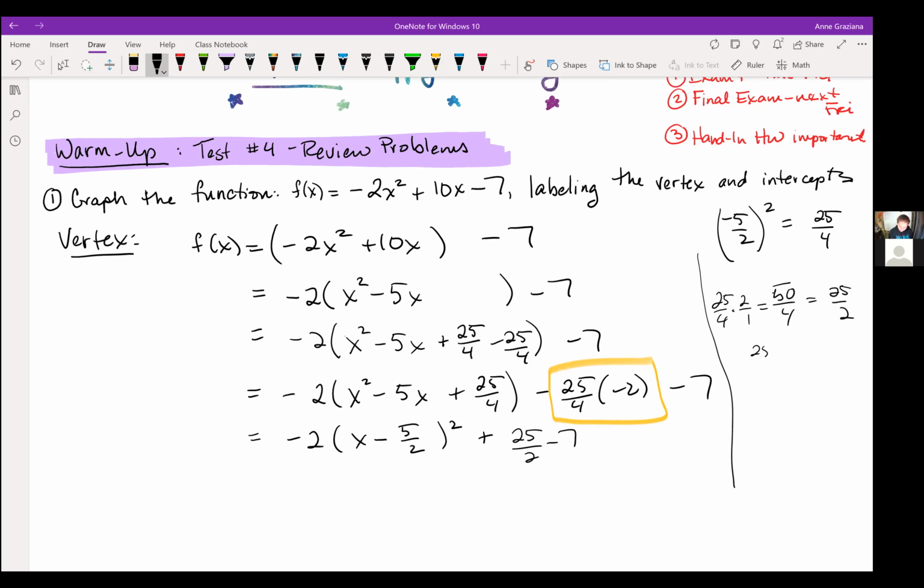So 25 halves minus 7 is 25 halves minus, if I multiply by 2/2, that's 14 halves, which, yes, Madison, very good, is going to be 14, actually 11 halves, because that's going to be 5 minus 4 is 11, 2 minus 1 is 11 halves.